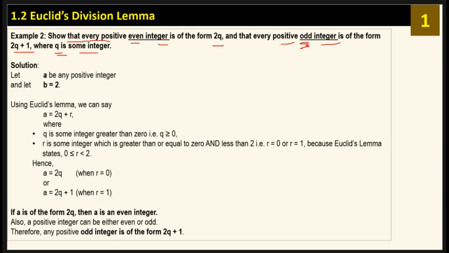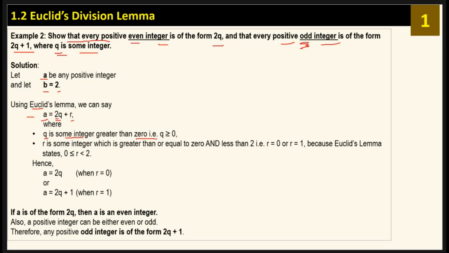To start solving it, let us assume a to be any positive integer and let b be equal to 2. Now using Euclid's lemma, we can write a as 2 times q plus r. In our case b is 2 and we have a equal to b times q plus r.